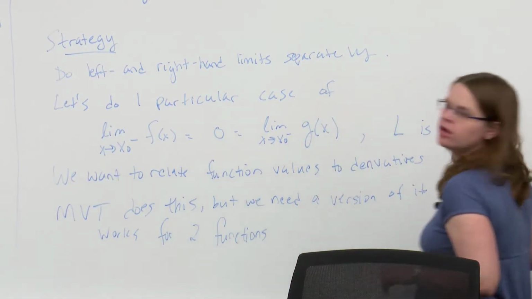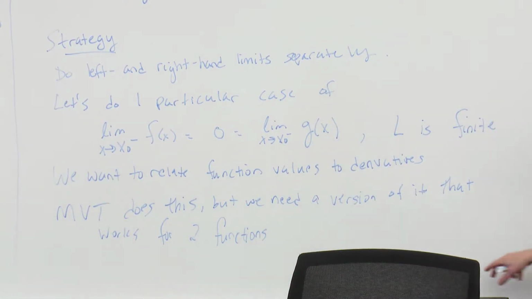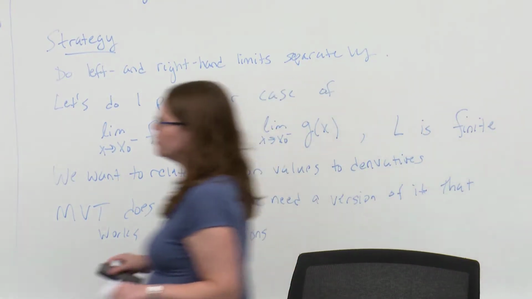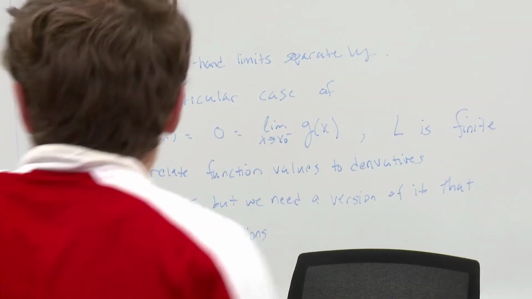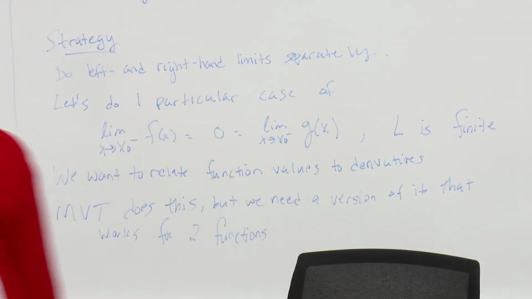Okay, so this is going to be called Cauchy's mean value theorem, or a generalized mean value theorem, where again we have multiple functions floating around. So let's call this the Cauchy mean value theorem, MVT.